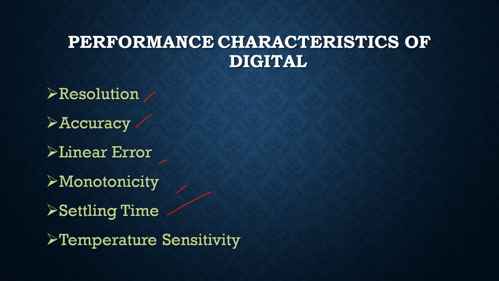There is a time to settle, the time taken by the graph to settle to its final output value. That time is the settling time of the instrument we are using. So that is basically settling time.